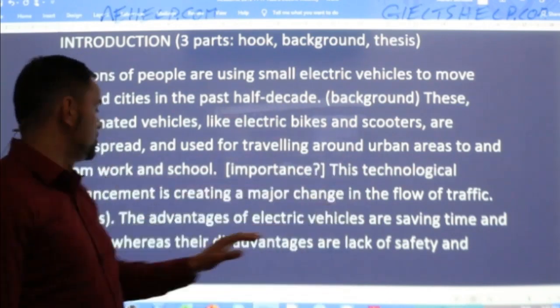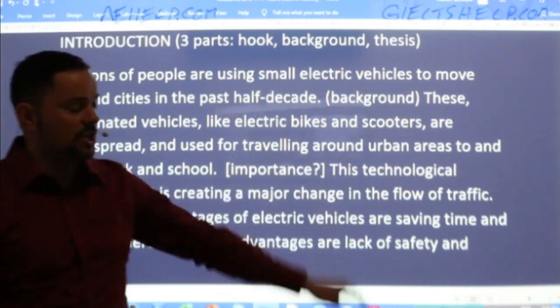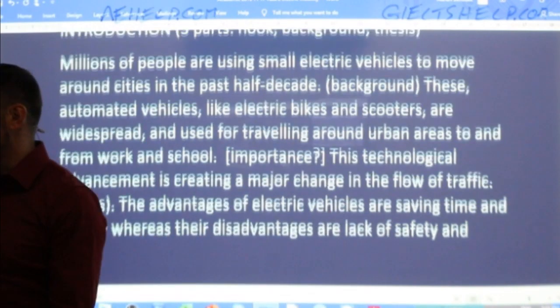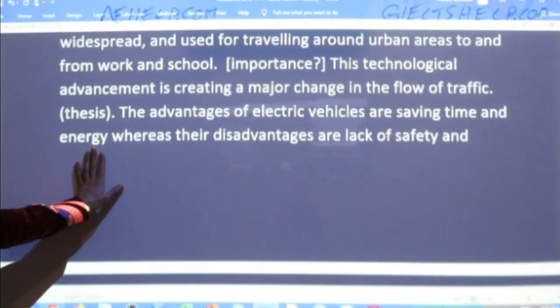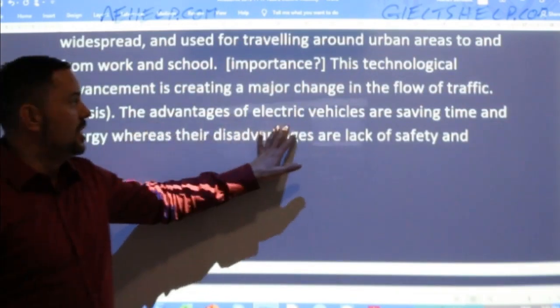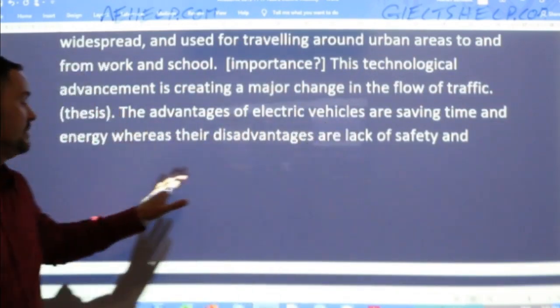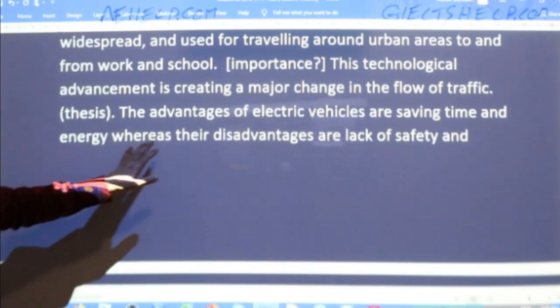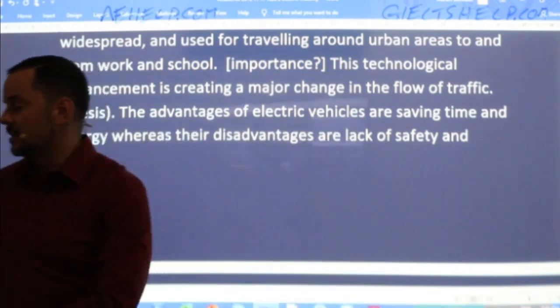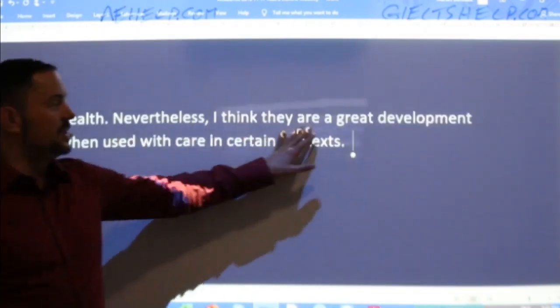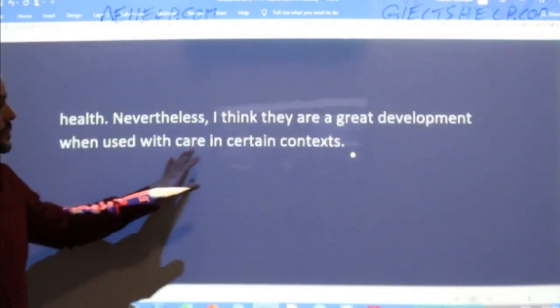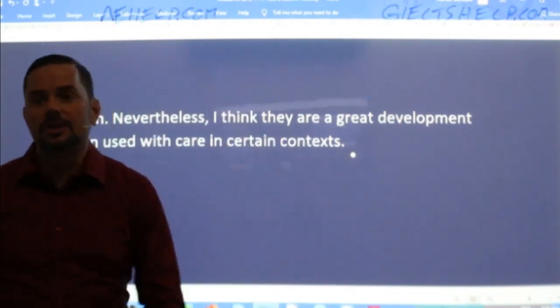This technological advancement is creating a major change in the flow of traffic. The advantages of electric vehicles are saving time and energy, whereas their disadvantages are lack of safety and health. Nevertheless, I think they are a great development when used with care in certain contexts.